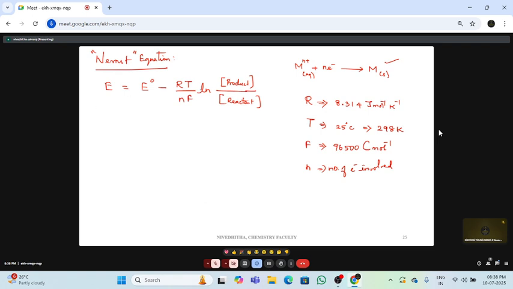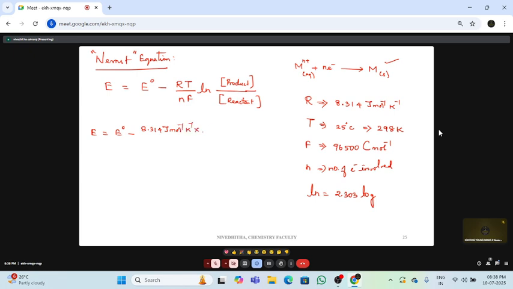Okay. And is it possible for us to convert ln into log? What is ln? It is equal to 2.303 log, right? Now we're going to substitute the values of R, T and F. So E is equal to E naught minus 8.314 joule per mole per Kelvin.